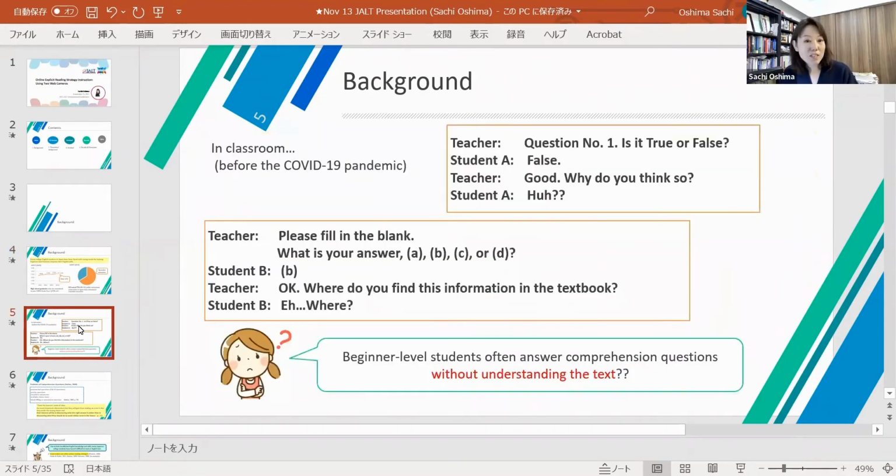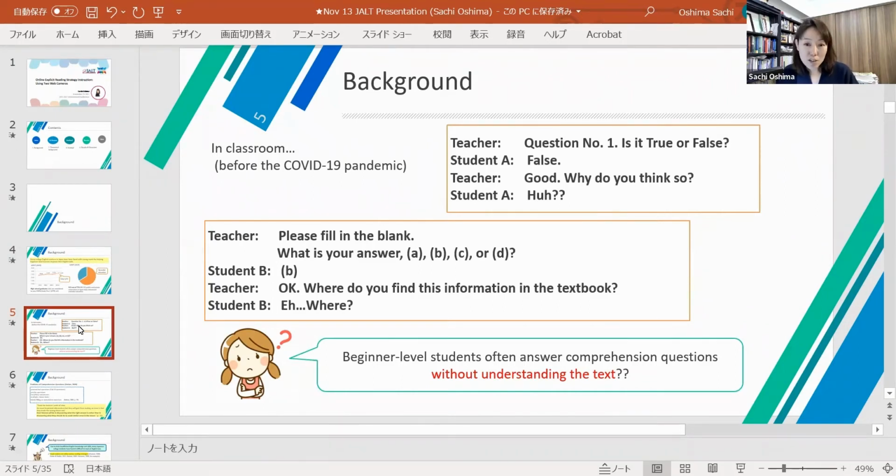In face-to-face lessons before the COVID-19 pandemic, I experienced my students' reactions as shown on the slide. Teacher, which means I: Question number 1, is it true or false? Student A: False. Good. Why do you think so? Huh? Or another example. Please fill in the blank.